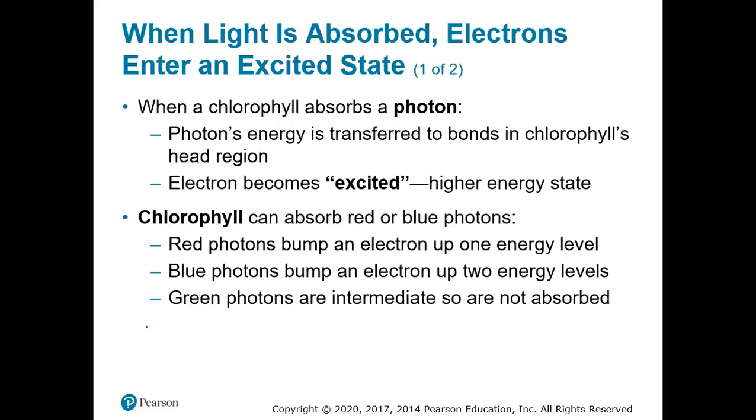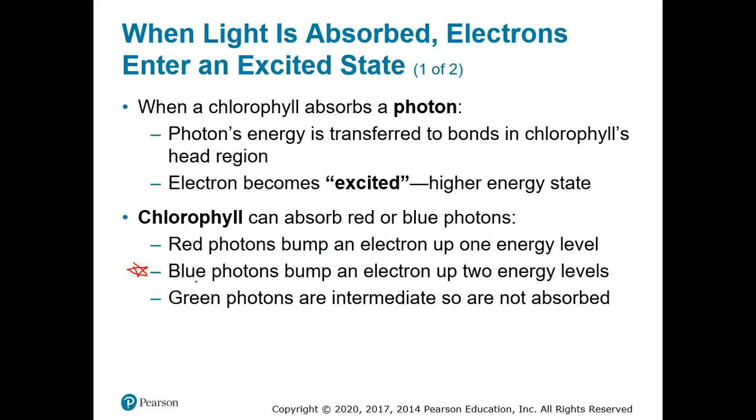So it is an electron with a lot of energy, okay, it's excited. Now remember, chlorophylls can absorb red or blue photons, and blue photons are arguably the best because red photons, once they hit that head region, will bump an electron up a singular energy level. So they will excite that electron a little bit.